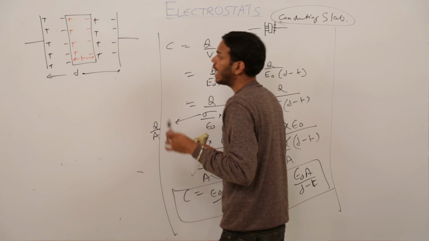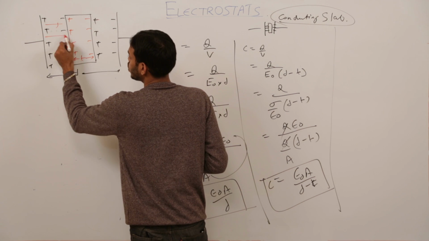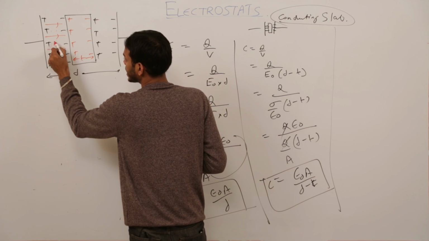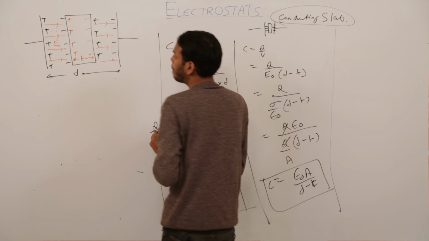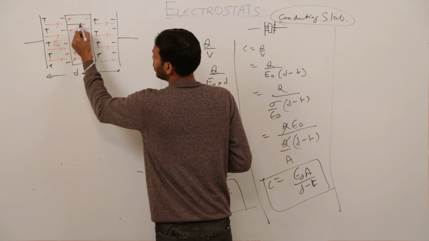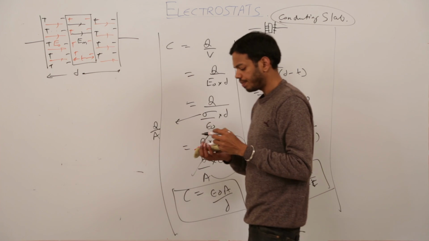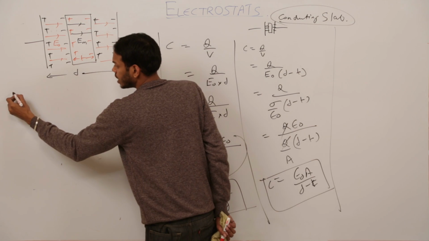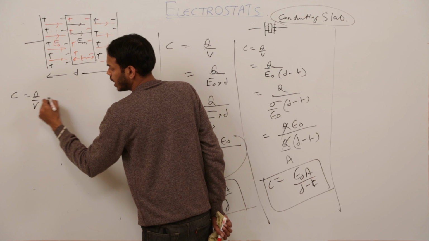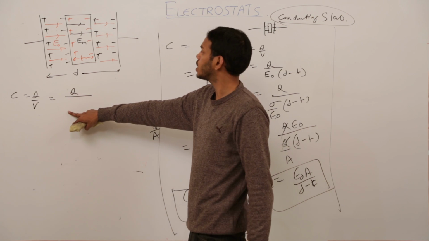So now we have electric field outside as well as inside. The electric field outside is exactly the same as it was before, E naught. But the electric field inside would be the electric field in the medium, right? So if I start my derivation from this same point, C is equal to Q upon V, and V is electric field into distance.